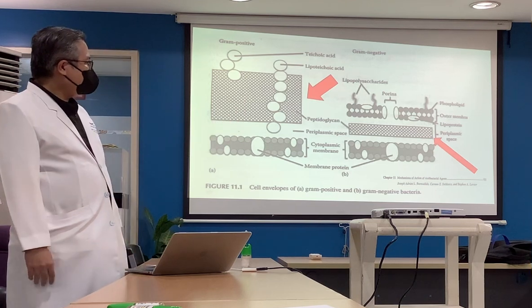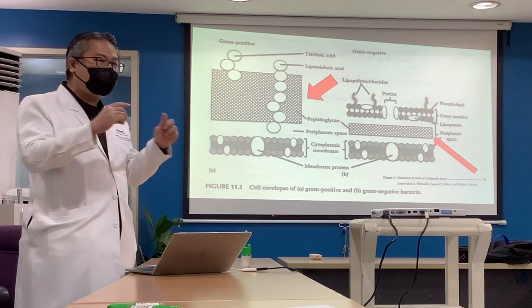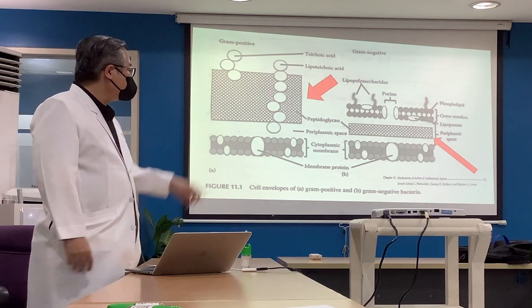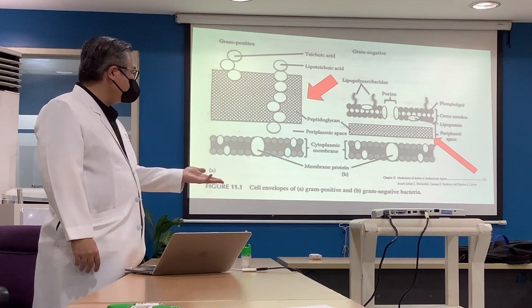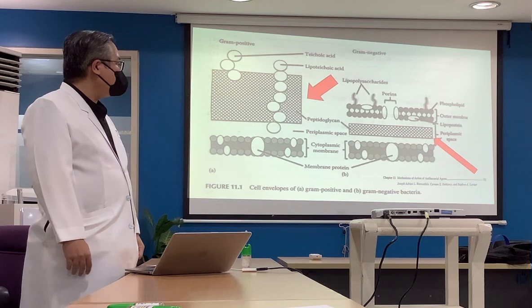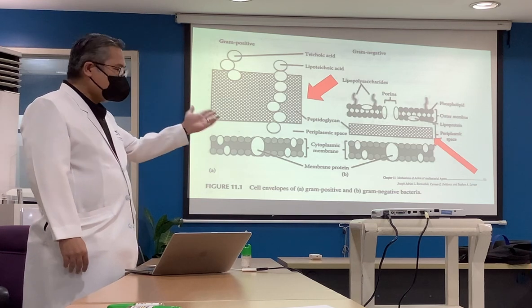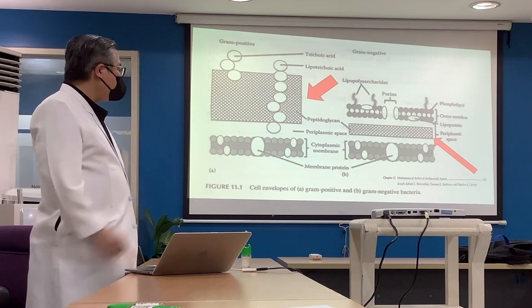To me, it looks like a hamburger. You have the peptidoglycan layer in the middle, but you also have the cytoplasmic membrane or the inner membrane at the bottom. And on top of it, of course, is the outer membrane. Again, the peptidoglycan layer in gram-negatives will always be thinner.